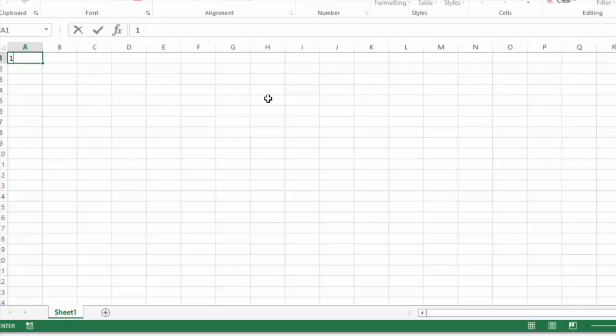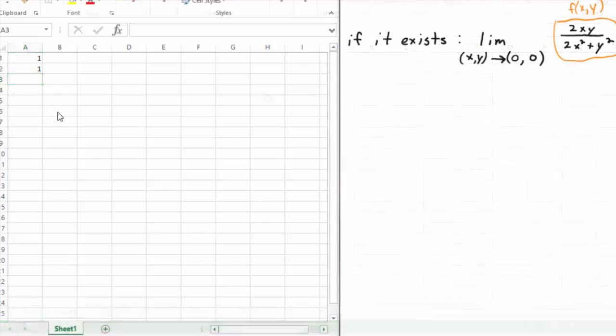You can make your input in that cell in the upper left-hand corner 1, and then the next cell down, make that 1. And then in the next cell down, input the formula. I don't know if you've ever played with Excel, but to input a formula, you have to put in equals first, and then it knows that you're inputting a formula. And what we want to do is input this formula.